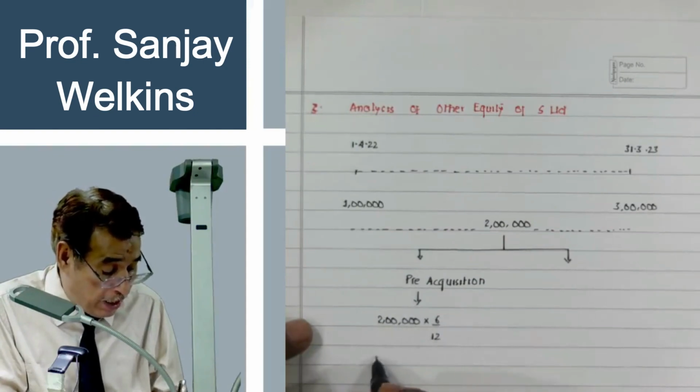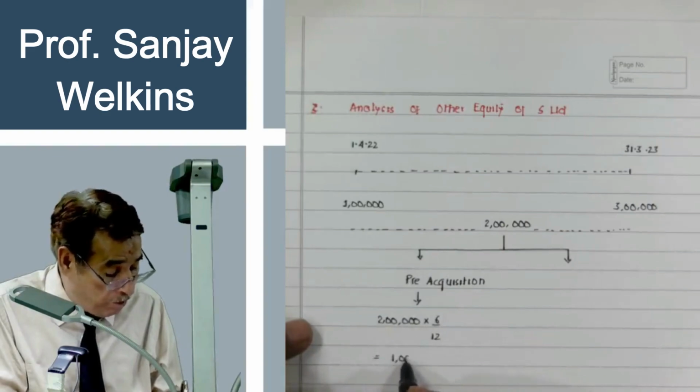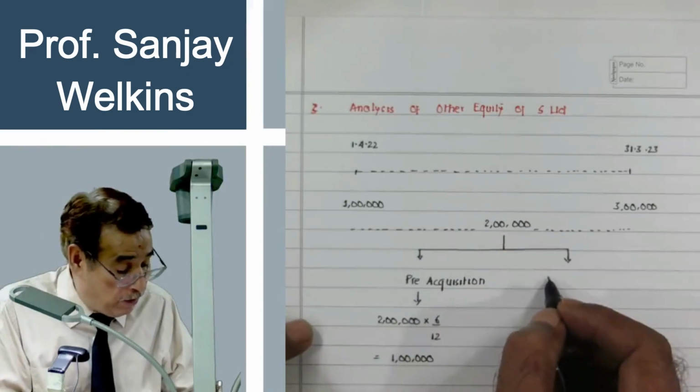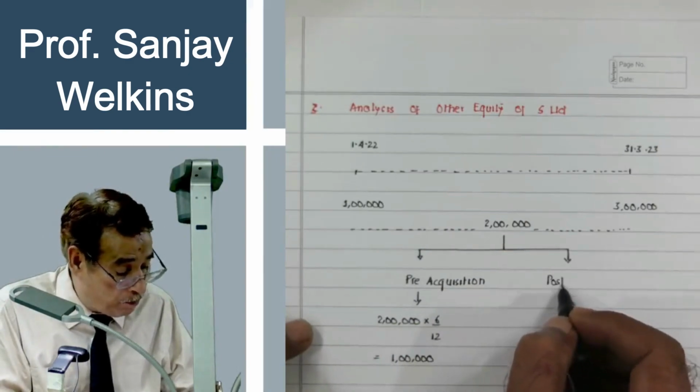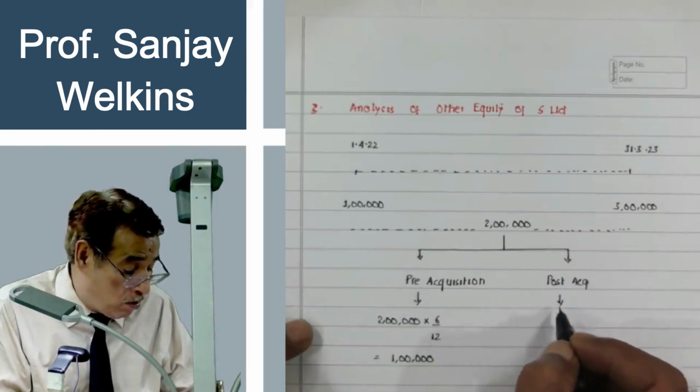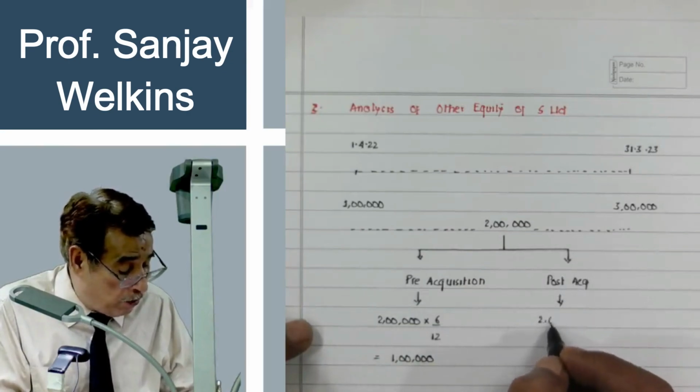Out of this 2 lakh, rupees 1 lakh must have been earned in the first 6 months, correct? While in the post period, 2 lakh into 6 months.